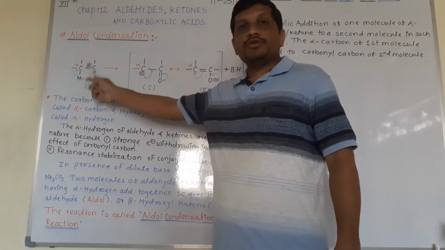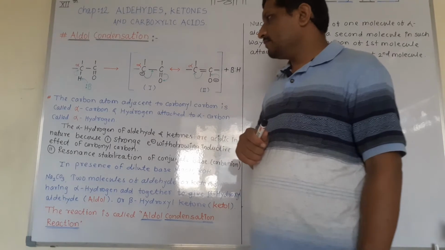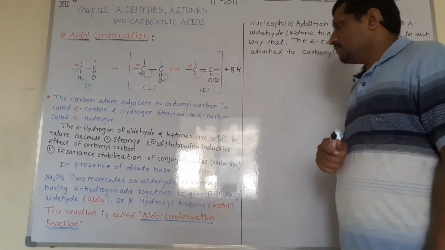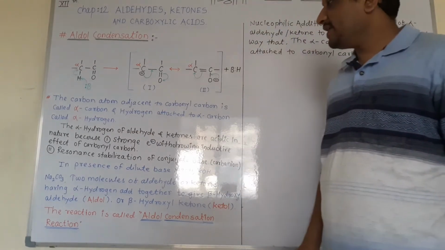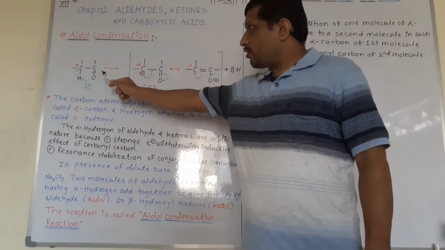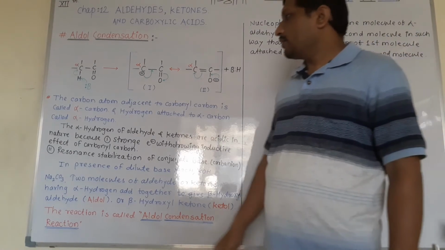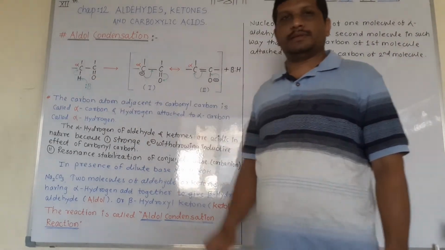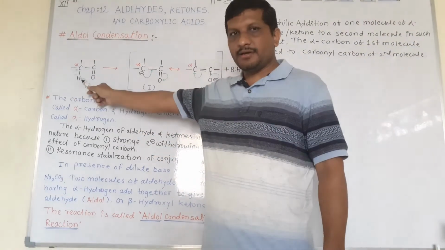This alpha hydrogen is acidic in nature because the reason is the strong electron withdrawing inductive effect of the carbonyl carbon. Why is this hydrogen acidic?